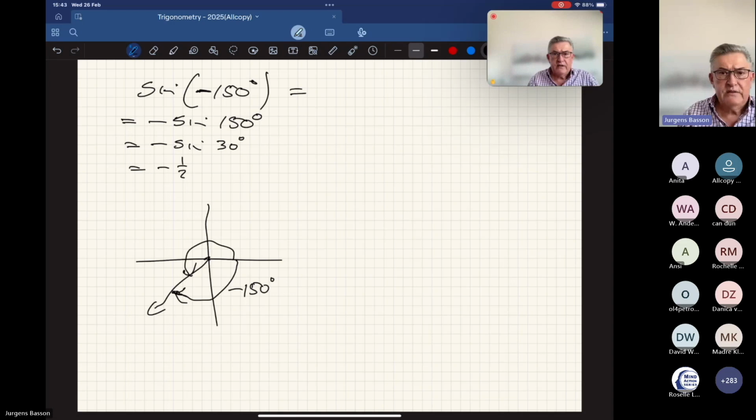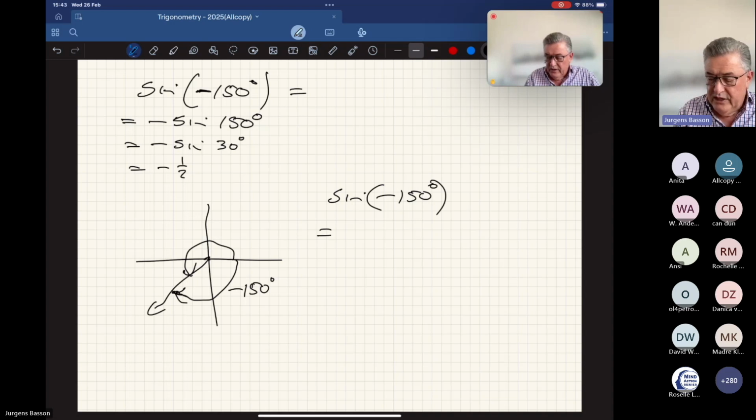So I tell learners, you have a given negative angle, you don't work with it, you change it to a positive angle. Unless that angle is acute, then we rather use the rules, then it's much quicker.